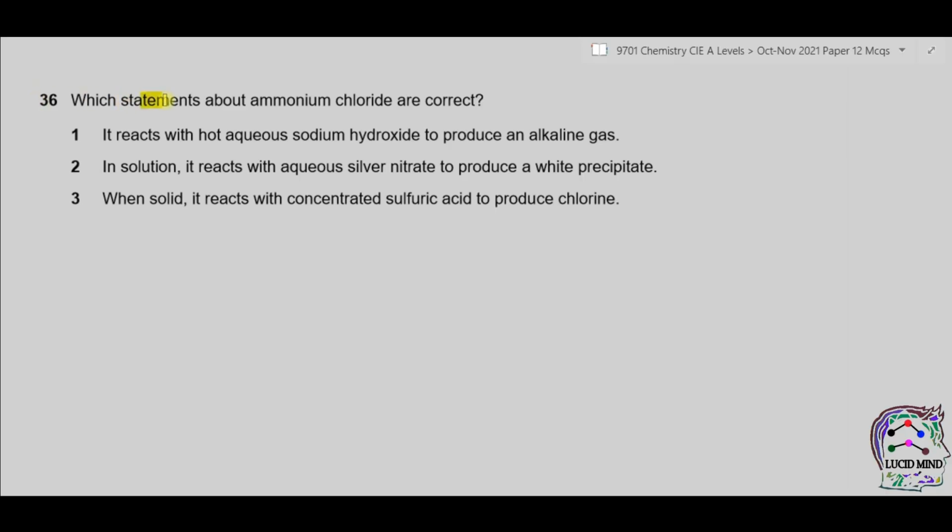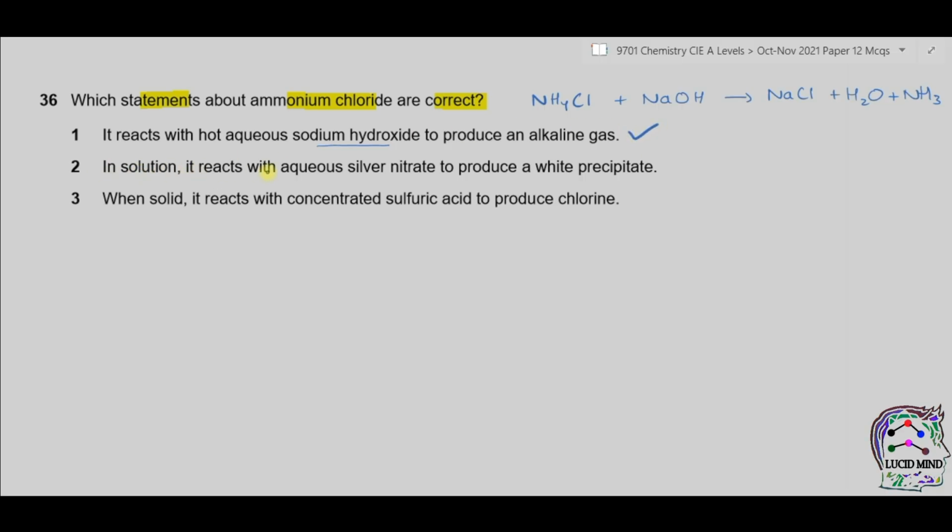Question 36. Which statements about ammonium chloride are correct? First one is that it reacts with hot aqueous sodium hydroxide to produce an alkaline gas. We know that ammonium chloride is ammonium salt and ammonium salt reacts with alkali to form ammonia gas. It forms salt, water and releases ammonia. So option 1 is correct.